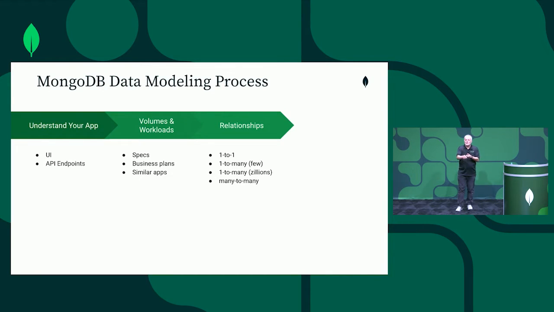So we need to understand, is it one-to-one? Is it one-to-many? Is it many-to-many? But one of the big differences is when we say many, we care what you mean by many. So if you're saying it's 1 to 10, then that's a good hint. Okay, we could embed that in an array. If it's 1 to 10,000, then that array is probably going to get too big. So we're going to be probing and asking questions about that as we go through the design review.